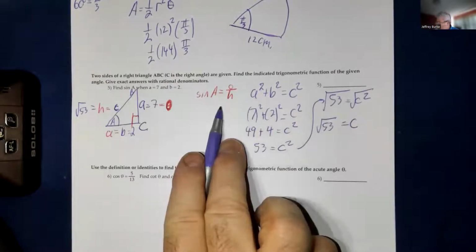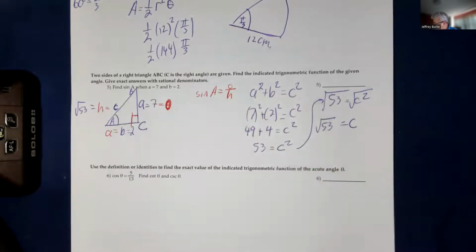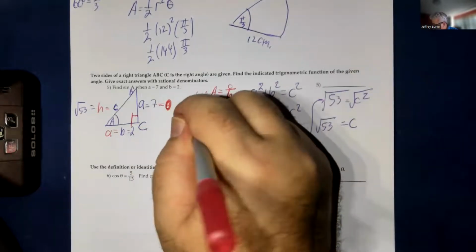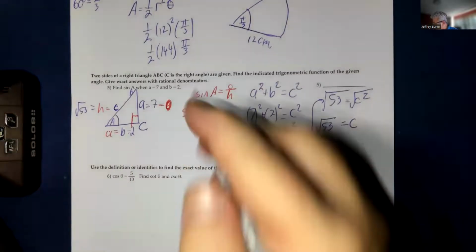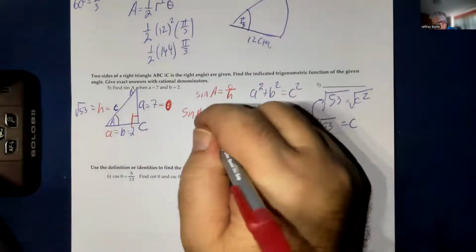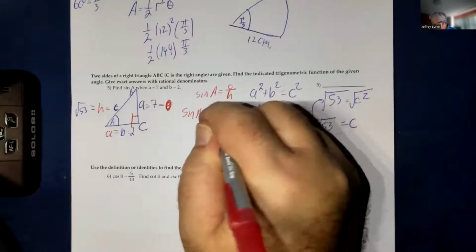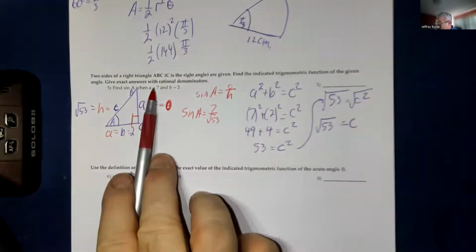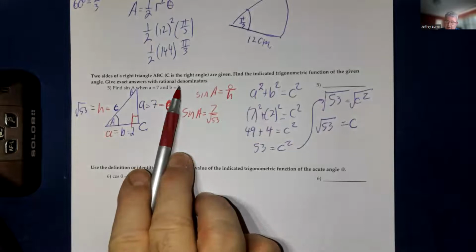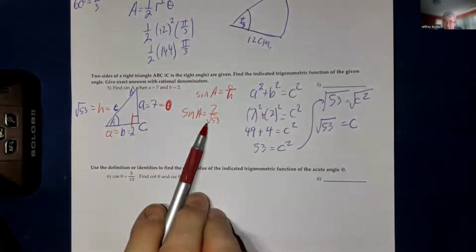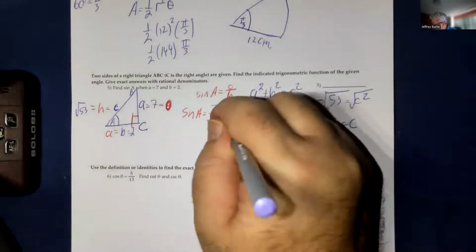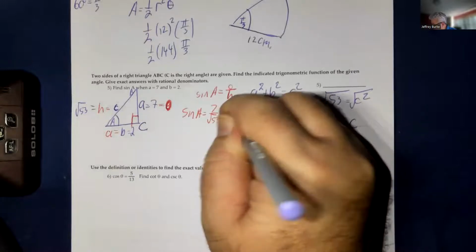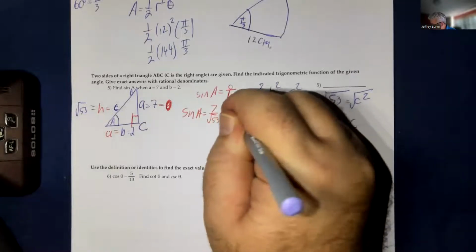So when I find the sine of A, the sine of A is going to equal the opposite over the hypotenuse, which is 7 over the square root of 53. However, remember, it says give exact answers with rational denominators. So don't use a calculator for this, and we have to make sure that we rationalize the denominator as I taught in class. In order to do that, I'm going to multiply the top and bottom by the square root of 53.